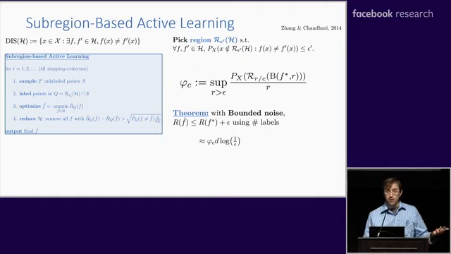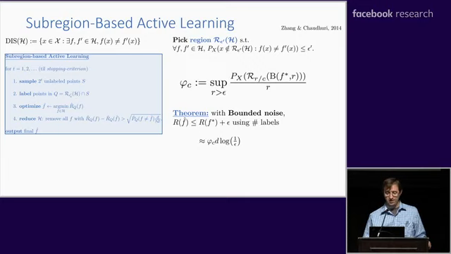Then we can quantify the sample complexity of this algorithm, again just replacing the region of disagreement with this subregion. Basically what I've written here is just like the disagreement coefficient, except we replaced the region of disagreement with this subregion of the region of disagreement.